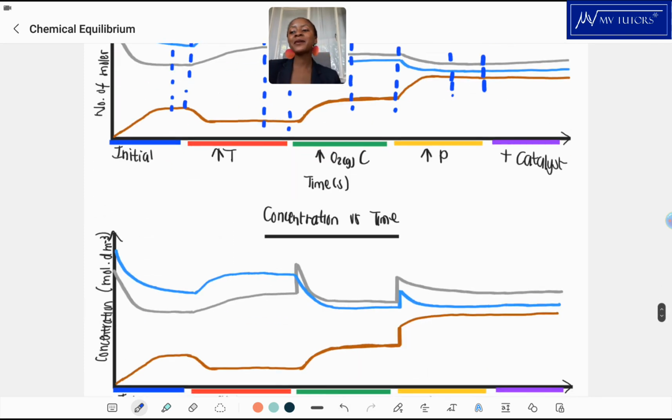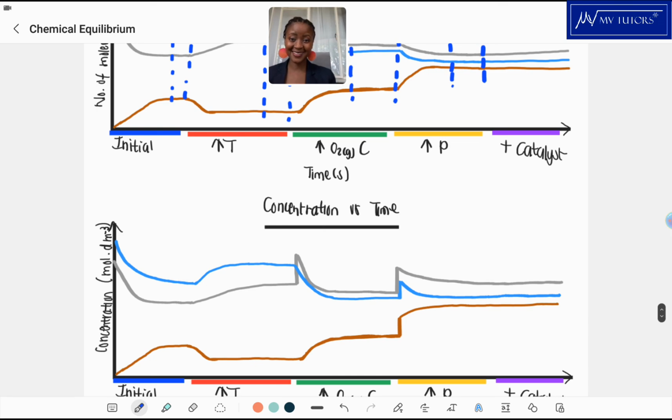And then what happens to the concentration? Guys, when you increase pressure, remember pressure is applicable for gases, right? So when you increase pressure for your concentration, all, and I mean all, will have an initial sharp increase. So all your reactants as well as your products will have an initial sharp increase, okay?